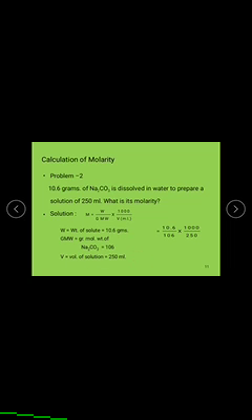Substituting these data in the equation, 10.6 by 106 into 1000 by 250, we get 0.4 M. This is problem number 2. In an examination, they may ask a question like this, and then we can simply solve the problem.